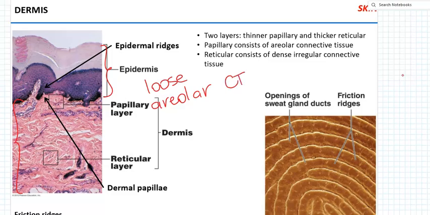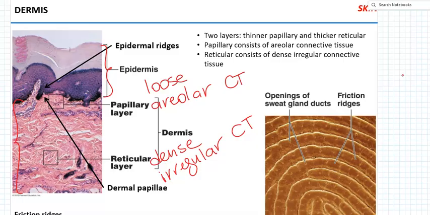Okay, and a thicker reticular layer, which is composed of dense, irregular connective tissue. Okay, now, all good? Okay.